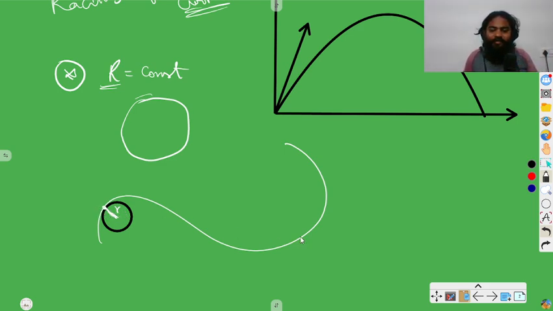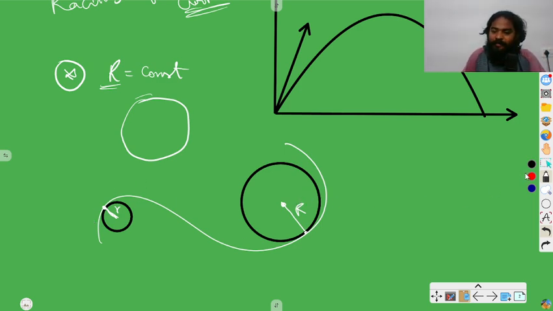If you want to find the radius at another point, if I draw the radius at this point, then this could be the radius. This circle's radius will be the radius of curvature at this point. So if the radius is not constant, you will get different curvilinear tracks.